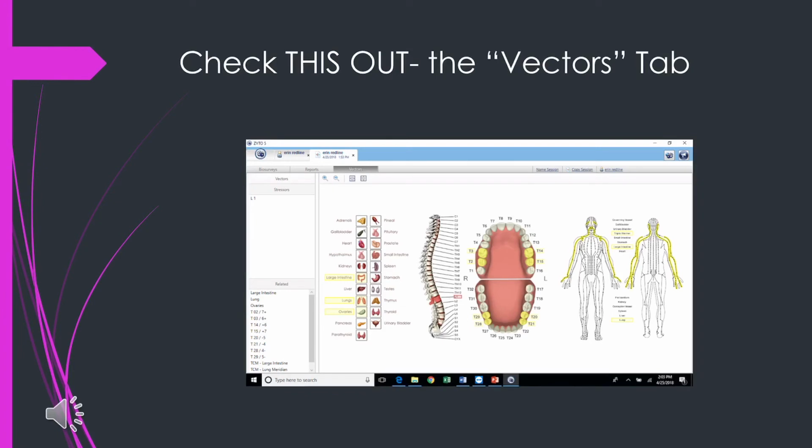The Vectors tab, while it cannot be printed, is a really awesome resource, because if you're looking at a report and you see something that has been marked as needing extra support, for instance, on the vertebrae tab, you can click on the Vectors tab and mark the vertebrae that needs extra support and see the traditional Chinese medicine meridians that are related to that area.